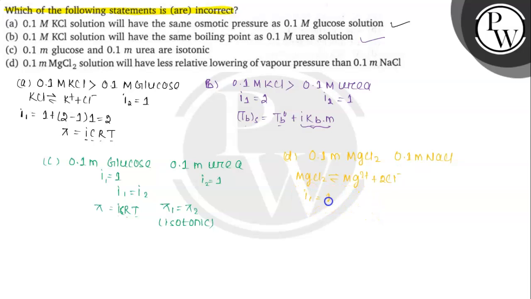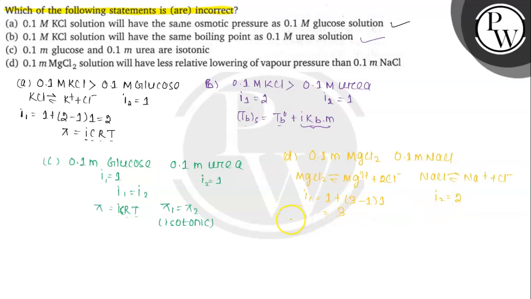So if we find the van't Hoff factor, it is 1 plus (n minus 1), so in place of n there is 3, because the number of dissociated ions is 3, minus 1, into 1, where 1 is the degree of dissociation. So it will become 3. And in case of NaCl, it dissociates into Na plus and Cl minus, and in this case the i value is 2.